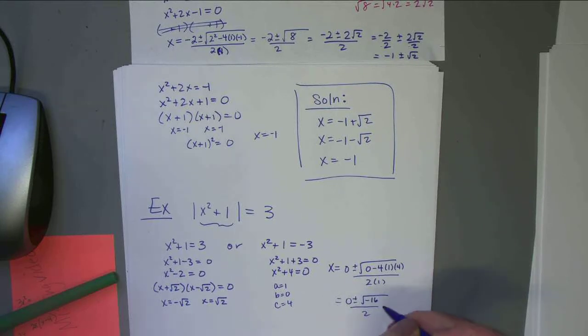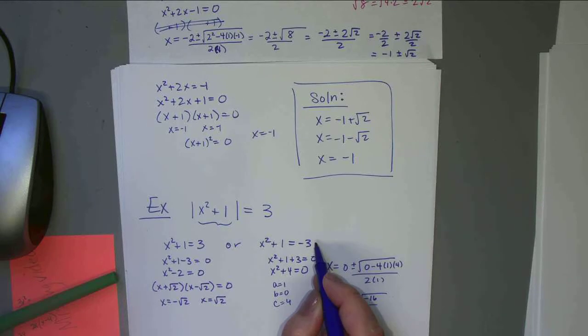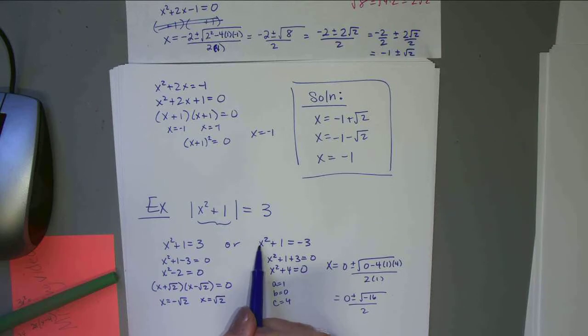So negative 16 doesn't work. So this side is not possible. And you could see that without doing any work at all, because x squared is a positive number, and then you add another positive number, you're never going to get negative 3. So this one has no solution, this part.